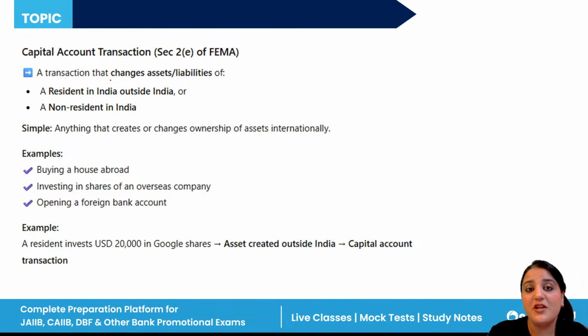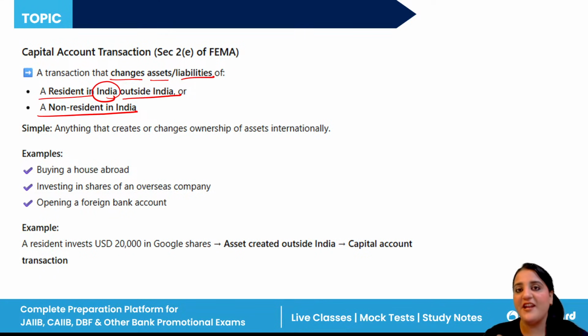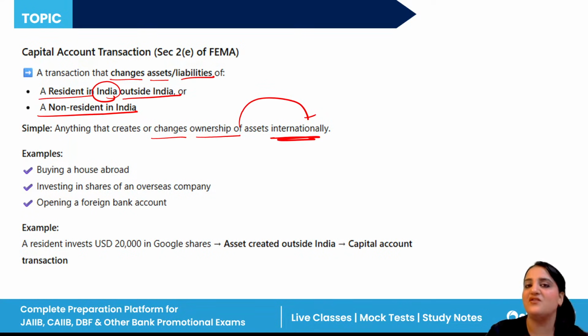Any transaction that changes the assets and liabilities of a resident in India or a non-resident, that is called a capital account transaction. Anything that creates or changes ownership of assets internationally is a capital account transaction.